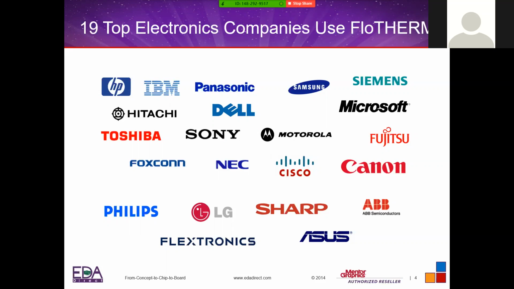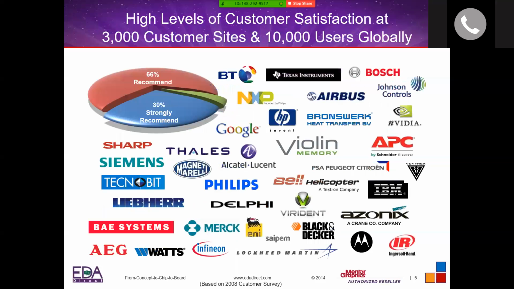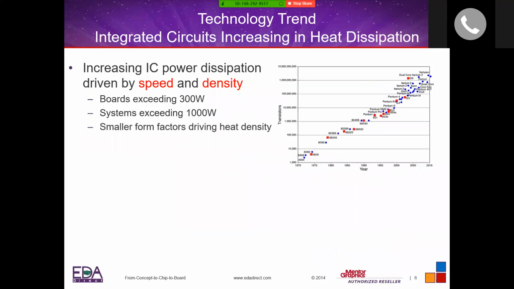These guys are actually using FloTHERM for thermal analysis in the product. And the survey that we had basically is that a lot of the users out there who use FloTHERM continue to use FloTHERM. And again, you will see more of the market segments out there. You see consumer, Black & Decker, AEG, Watts, Motorola. So lots and lots of people out there are using this tool.